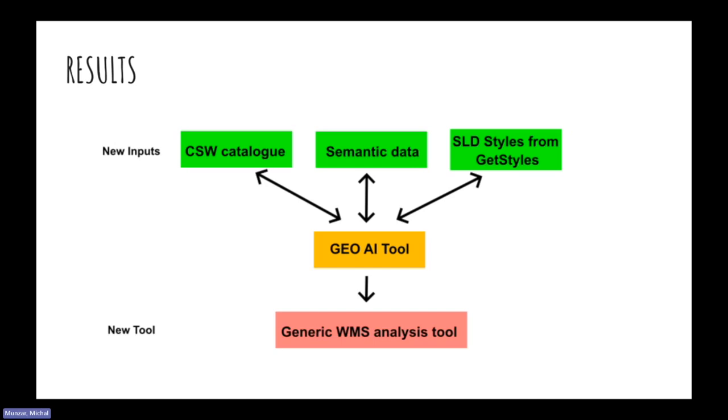In future, after we're done with it, it's possible to include more complex analysis, because in the CSW catalog there is typically also information on where to download vector data. So for some analysis, raster data from WMS is not enough, so new tools would need to be developed. So this is for me and for Mateusz.